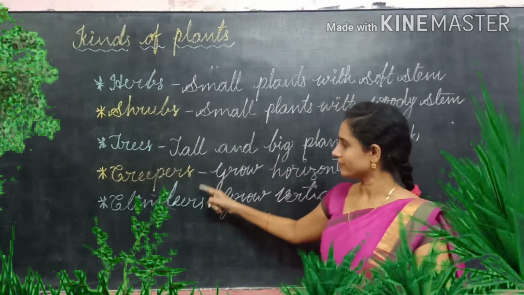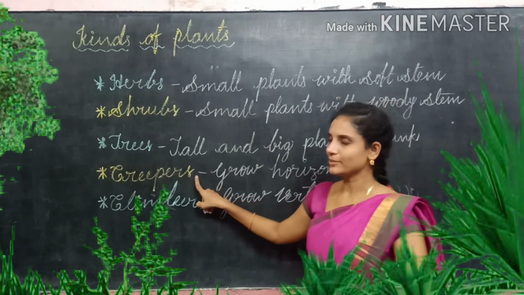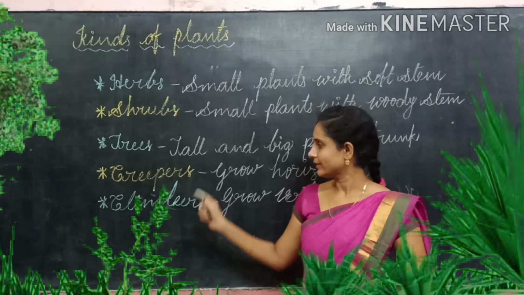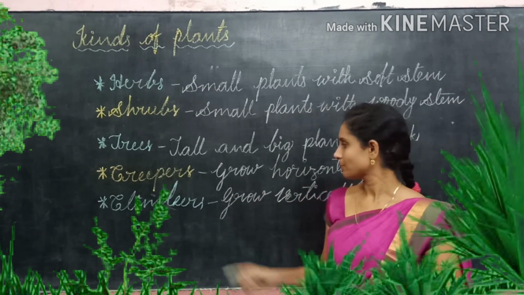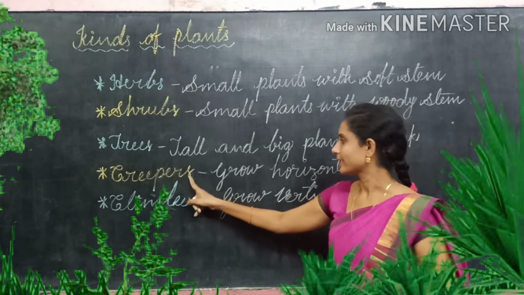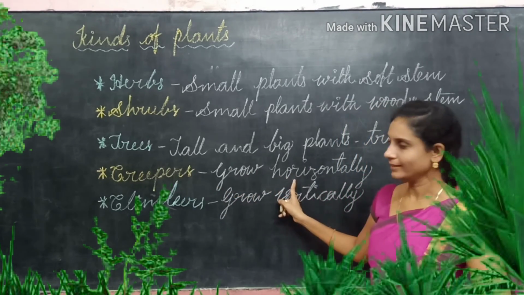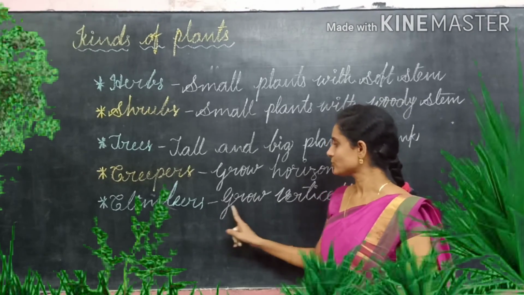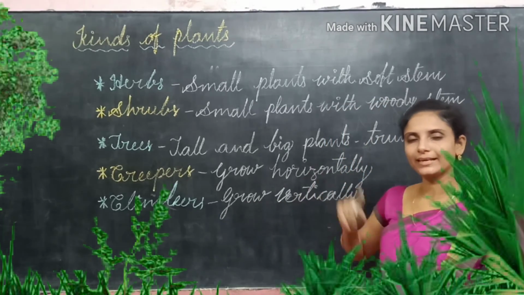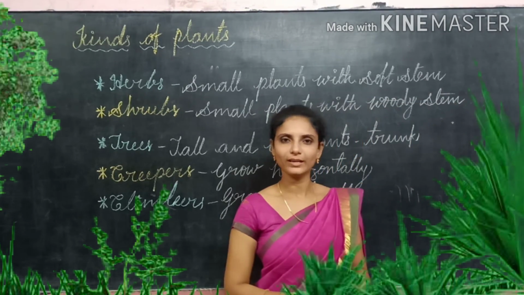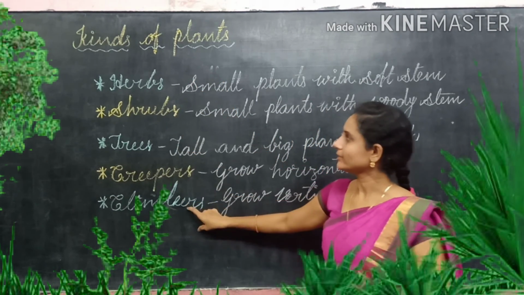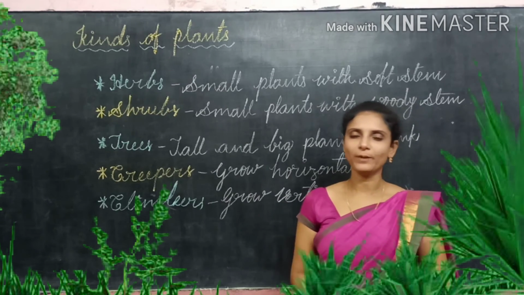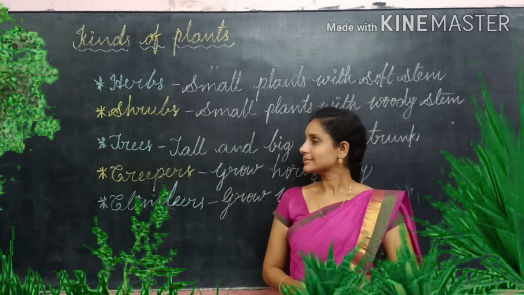What is the difference between creepers and climbers? Creepers grow horizontally on the ground. But climbers grow upwards by taking support. So these are the five kinds of plants on the basis of size.